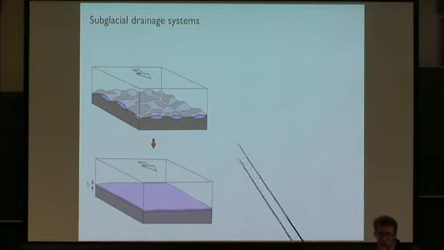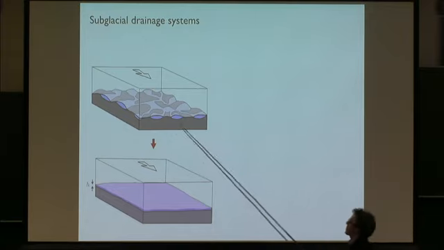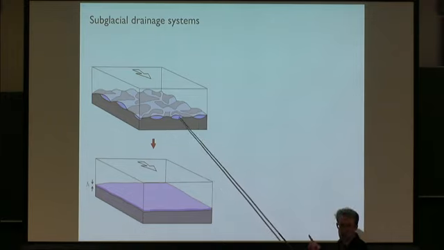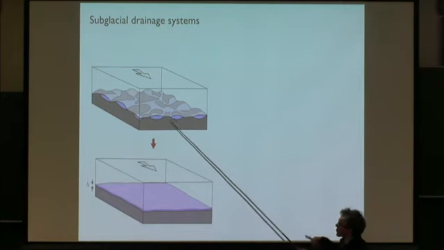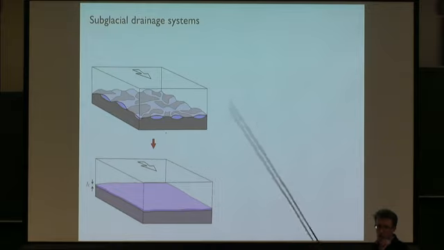Can these regions of water be seen by any method? They can be. They have been seen by drilling into them through the ice. They have been seen by brave people crawling into them when they don't have water in them anymore. I'll show you a picture in a second of a deglaciated bed where you can sort of make out where they are. You can't see them with radar.